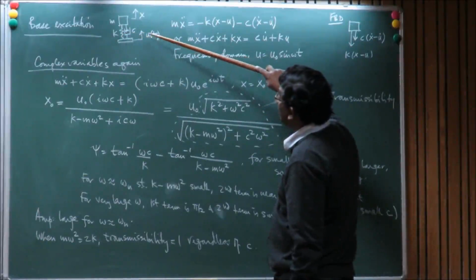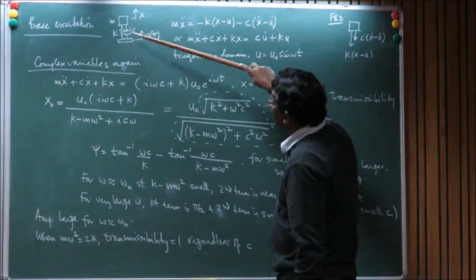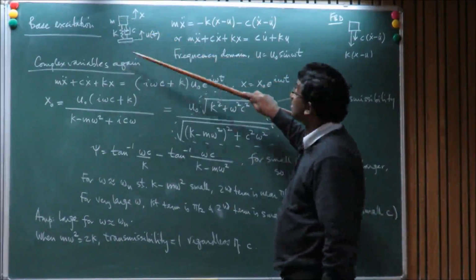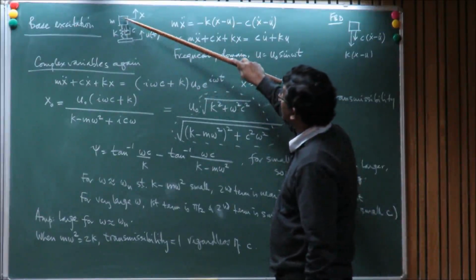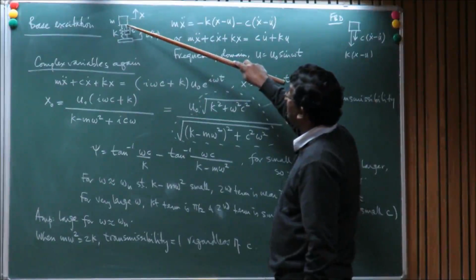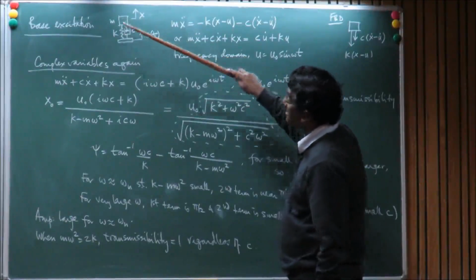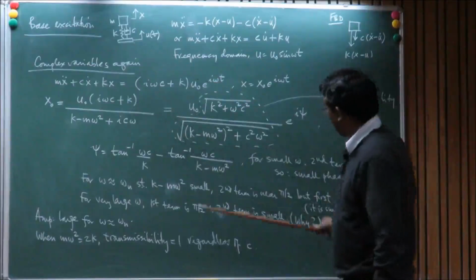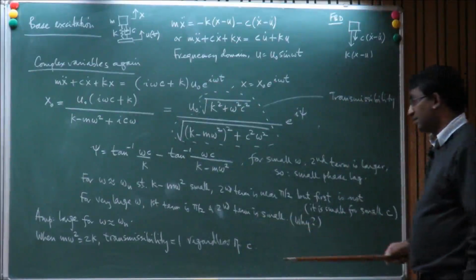And so when you apply a displacement u, in fact a u dot is the force acting over here. So there is a 90-degree phase difference between the displacement input and the force actually acting, and then between that force and this mass there is a 180-degree phase difference. That 180 and 90 combine to give you a 90-degree phase difference.